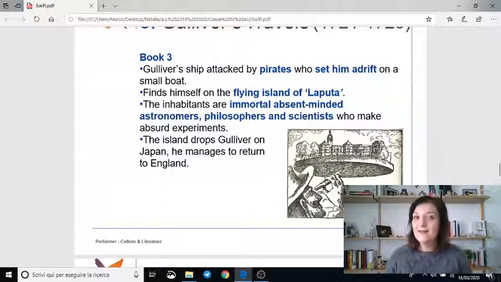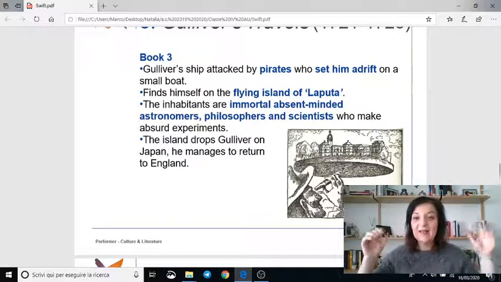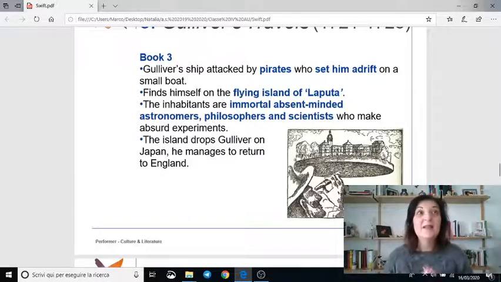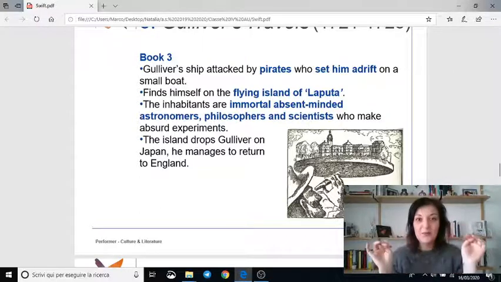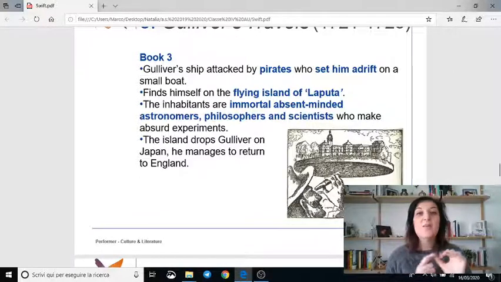We will read something about the 5th chapter of this book, of book 3, that you will find both in your book and in my notes in Didattica, and we will see that the inhabitants of this flying island, quindi un'isola volante, this flying island of Laputa, are mostly immortal and absent-minded astronomers.